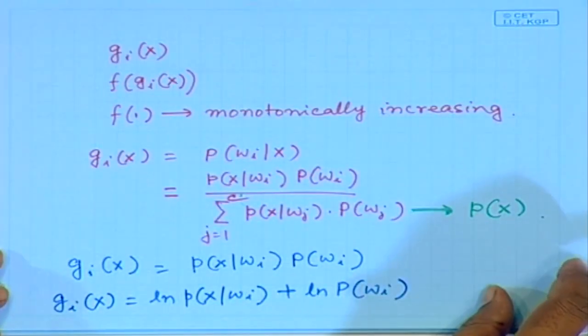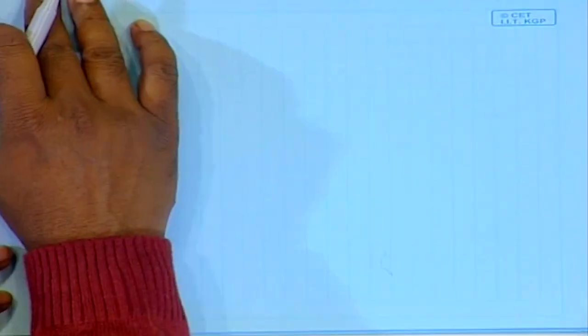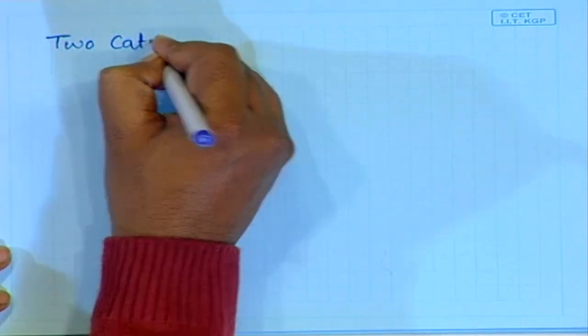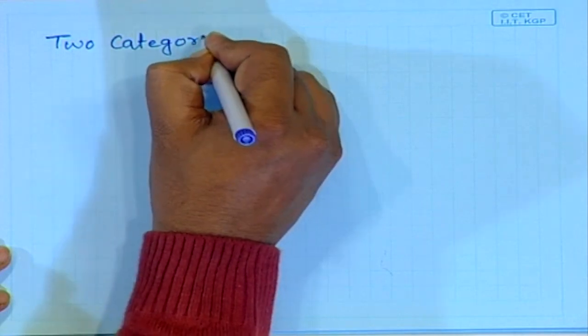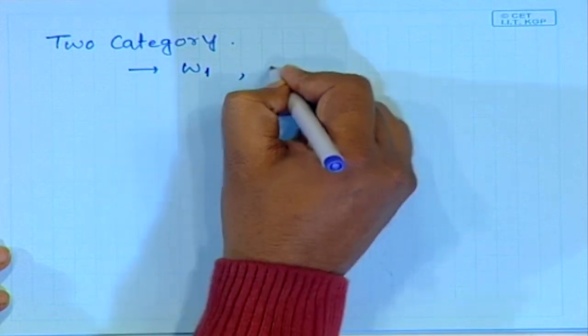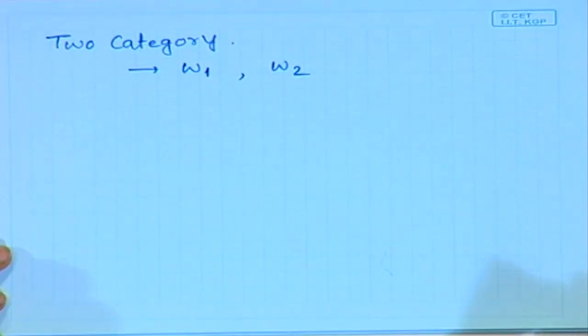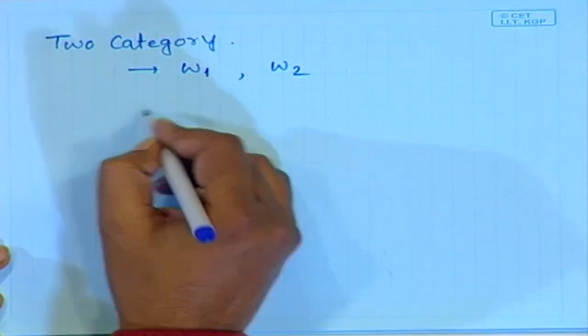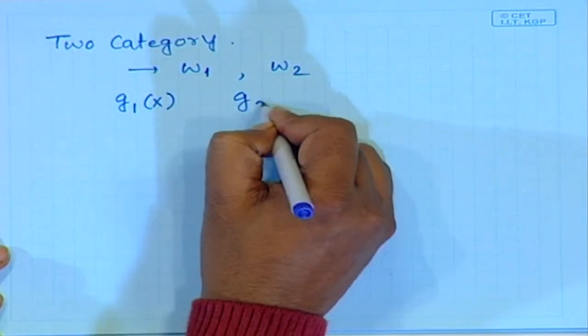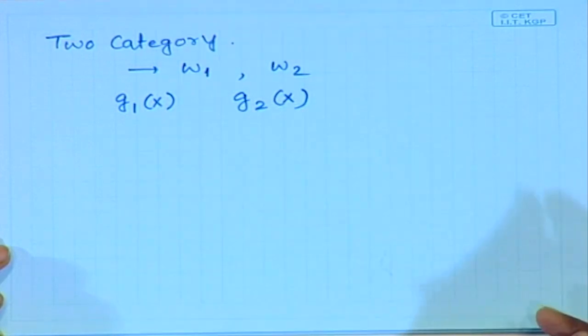Now, using this, if I go for a two category case, that is, I have classes omega 1 and omega 2, I will have two discriminant functions, g1(x) and g2(x).